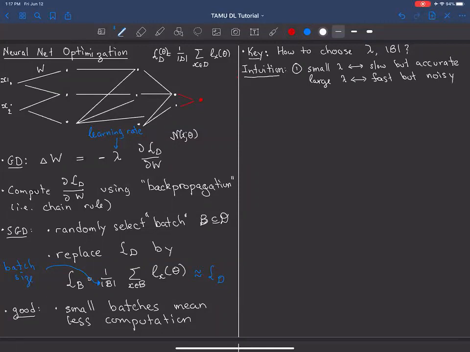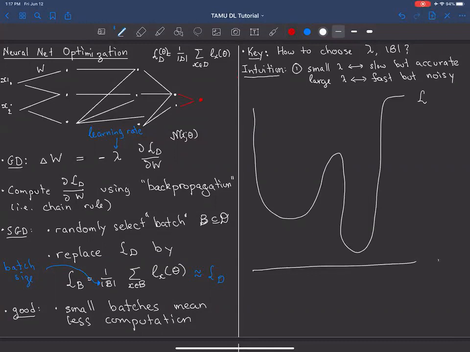Why should this be? Let's draw a simple picture. Imagine that this is the function L that I'm trying to optimize, and in my cartoon, I just have one scalar variable theta. Let's imagine that we start over here. This is our current setting, theta naught, for the start of optimization.